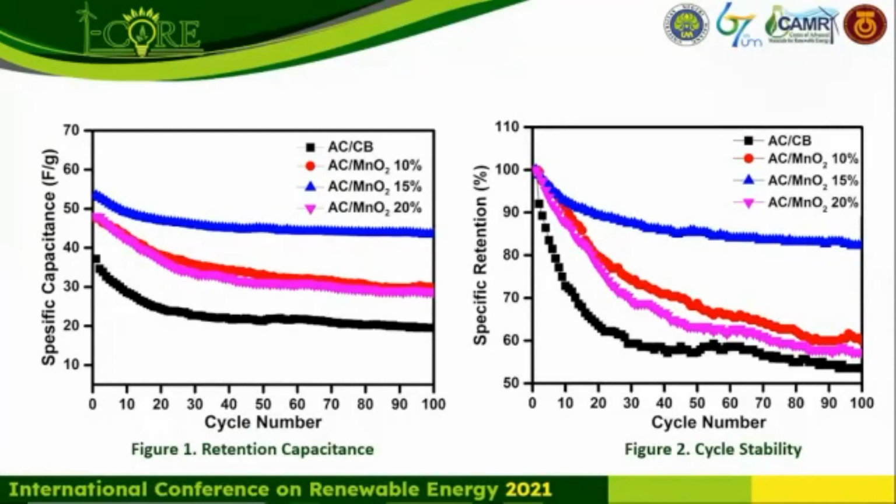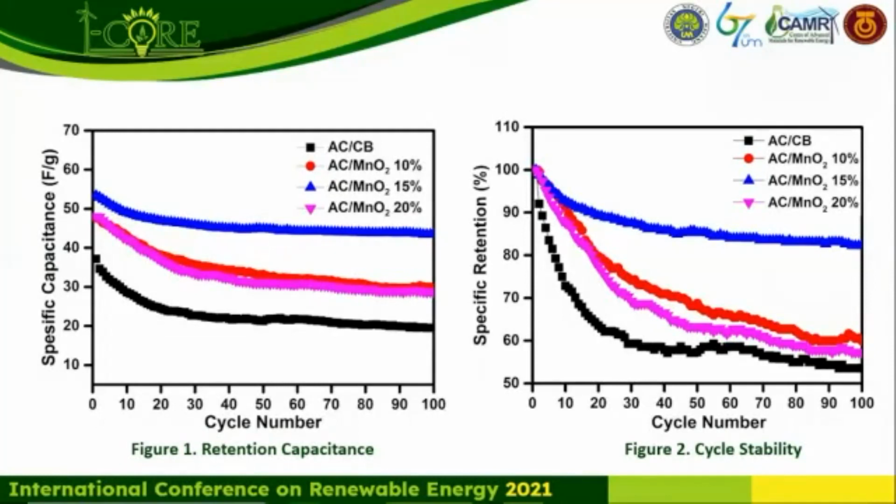As shown in figure 2, good cycle stability indicates that the AC/MnO2 composite absorbs ions efficiently and that the faradaic reaction is highly reversible. Furthermore, energy density refers to the energy storage capability of an electrode material or a supercapacitor in watt-hours per kilogram.